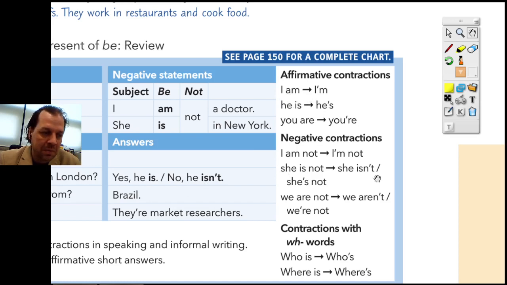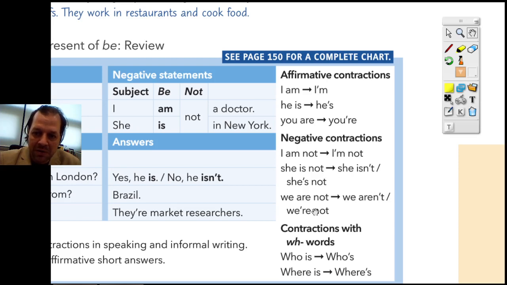You can use the word I'm instead of I am. So I don't usually introduce myself as, hello, I am Stephen. I usually say, hello, I'm Stephen. Okay, I'm a teacher, not I am a teacher. It makes things much faster when you're speaking.